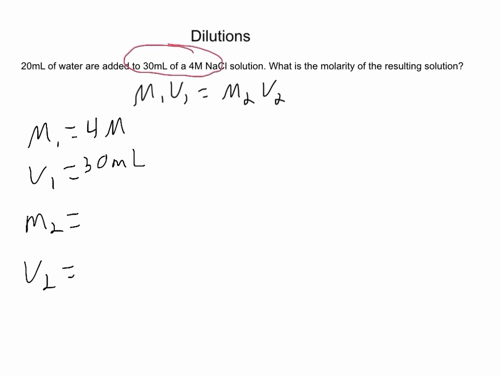The question is asking for the second molarity, so we don't know the value of M2, but we do know its volume. We have to be careful here, though. We're saying 20 milliliters of water are added to 30 milliliters. So what is the volume of the final solution? It's not 20 milliliters. It's 20 plus 30 to give us 50 milliliters.